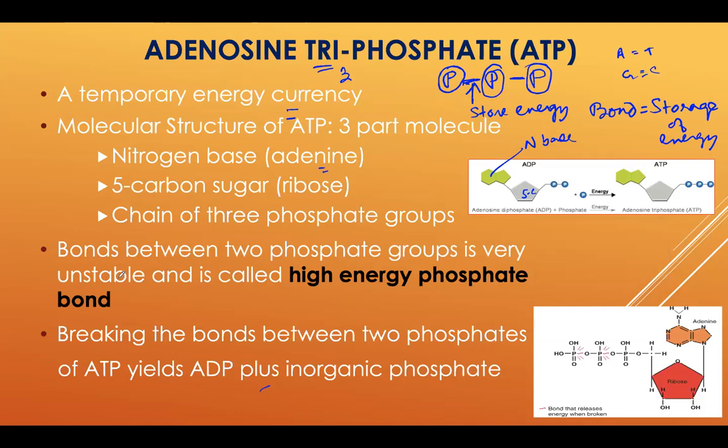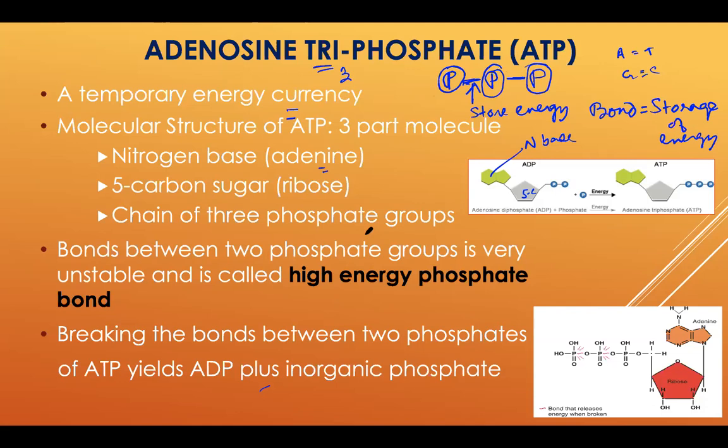So in ATP there are three phosphate groups, and inside there are phosphate bonds. When they break these bonds, they release a huge amount of energy, especially the bond between phosphates. That bond has the capacity to store a huge amount of energy.